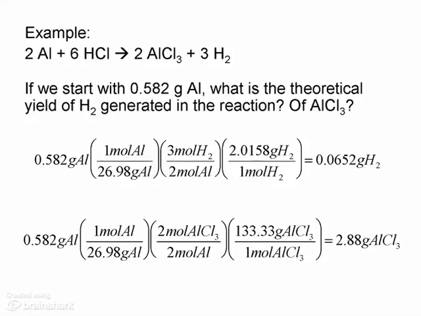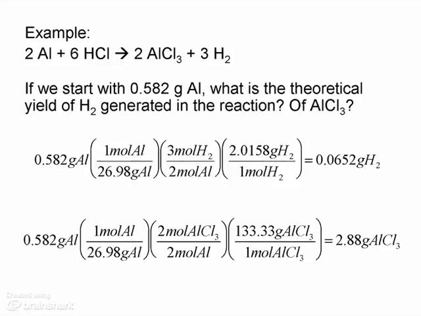Now let's do the same thing, but using AlCl3. If we start with 0.582 grams of aluminum, we still have to use the molar mass of aluminum, so 26.98 grams per mole. We know that we produce 2 moles of AlCl3 for every 2 moles of aluminum used in the reaction, and we know that AlCl3 has a mass of 133.33 grams per mole.